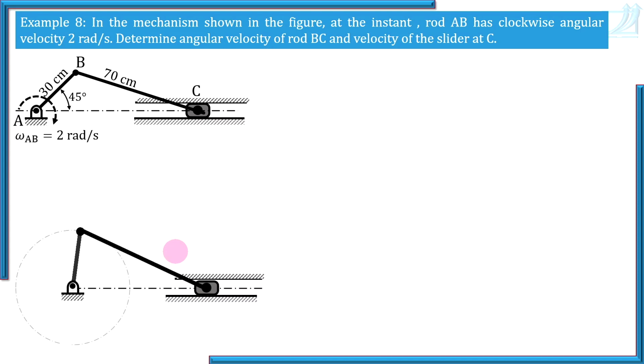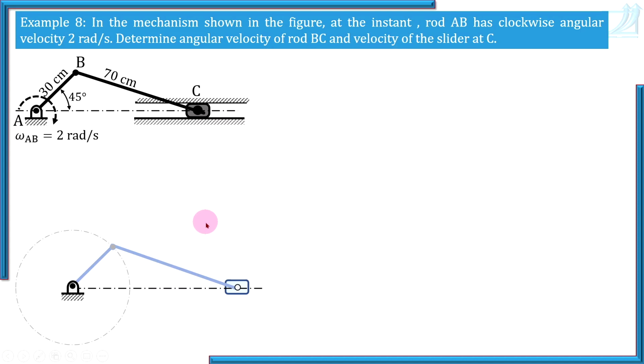Okay, during the motion, at a particular instant, that is when rod AB makes 45 degrees with horizontal, in this position you are asked to find angular velocity of rod BC and velocity of slider at C.